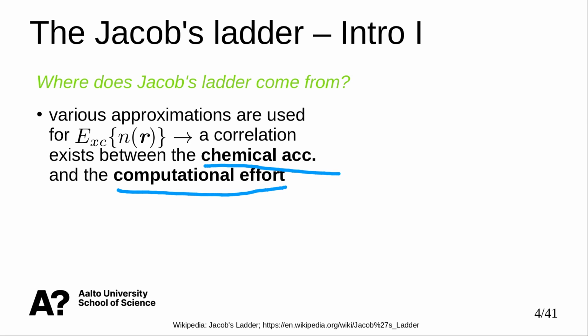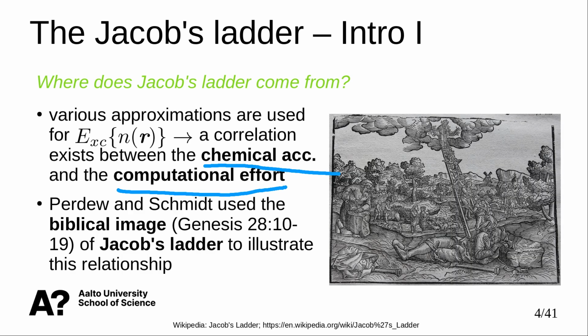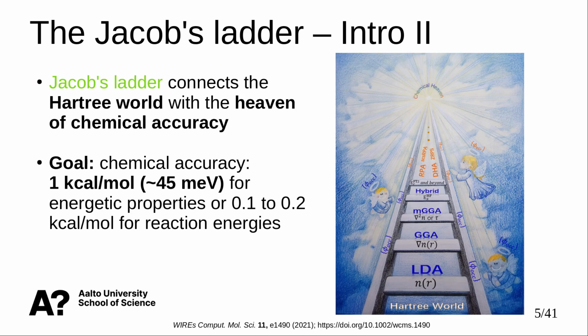And to describe that correlation between accuracy and computational effort, Perdew and Schmidt, who described that in their paper, came up with the biblical image of the Jacob's ladder described in Genesis 28, where Jacob basically walks upwards a ladder from the earth towards the heaven, and they used the exact similar way to describe the correlation in DFT exchange correlation functionals, because every single step on the ladder brings you closer to the chemical heaven, or to the heaven of chemical accuracy.